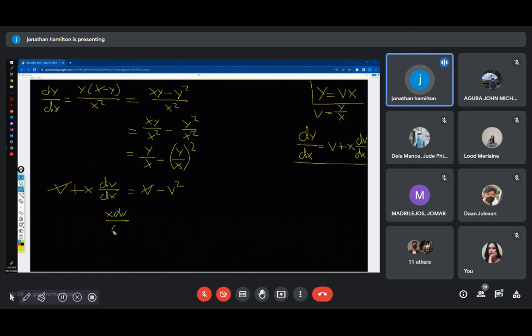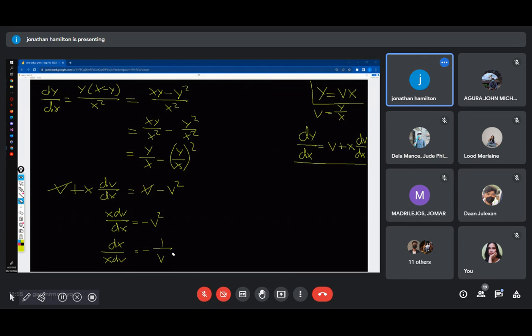Since we have the same variable v on both sides, we can cancel it out and we're left with x dv over dx is equal to negative v squared. So again, we can do the same thing as before. We can invert both sides. So we're left with dx over x dv is equal to negative 1 over v squared.